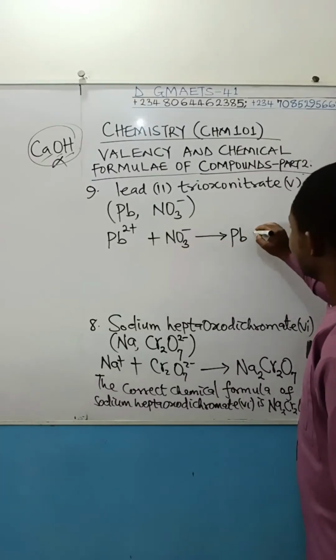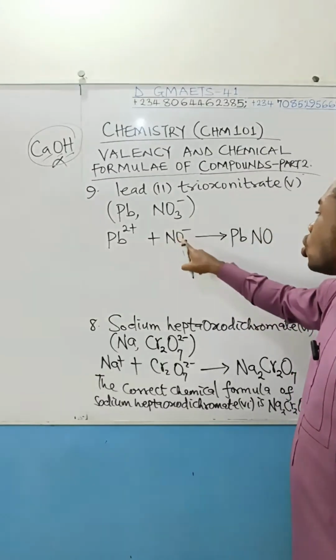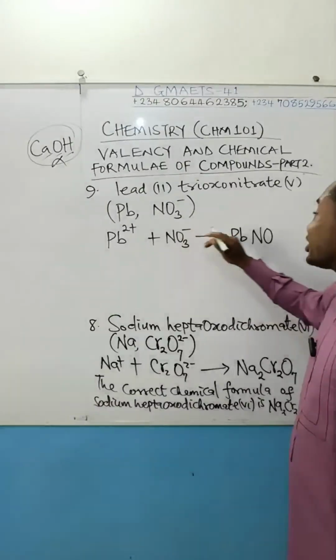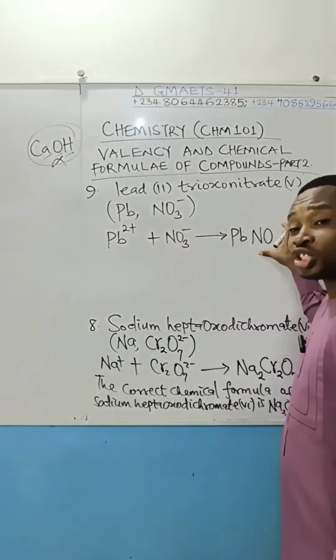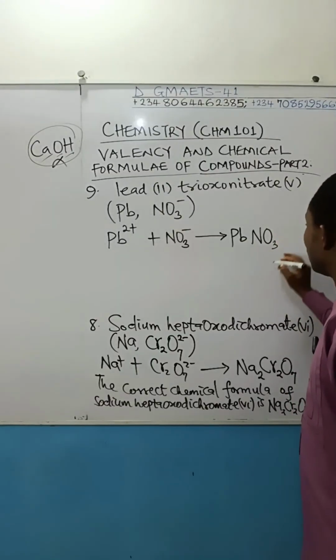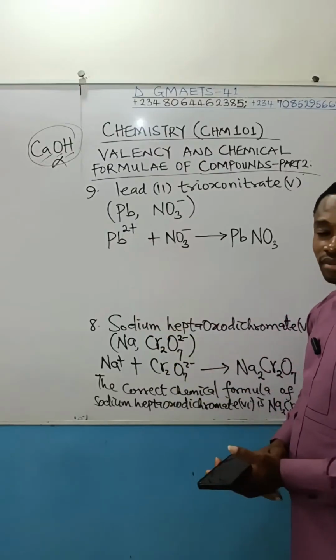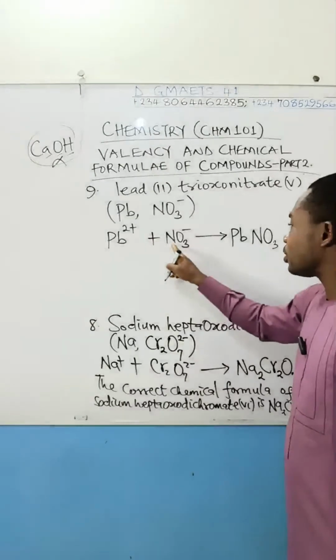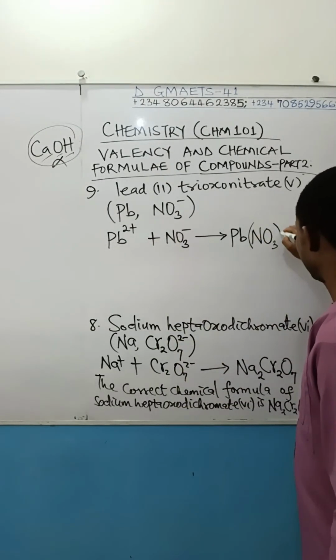Next, I will write this negative ion, which is NO3. You know that in compounds, you don't show all these charges, plus, minus. They have no business there. Take note. Now, this NO3 will receive the valency of 2 from lead. Now, that 2 is affecting both nitrogen and oxygen. Therefore, the NO3 will be in brackets.